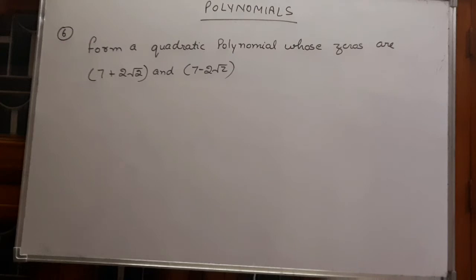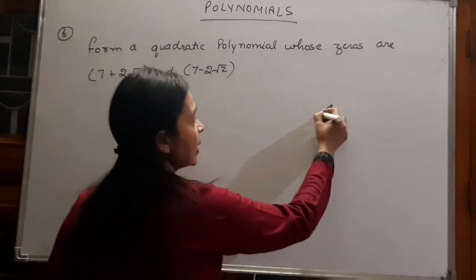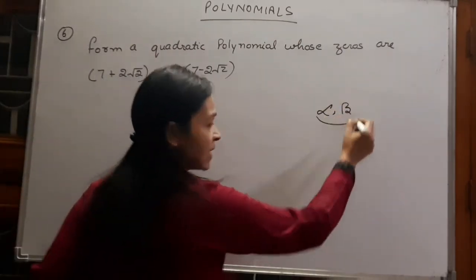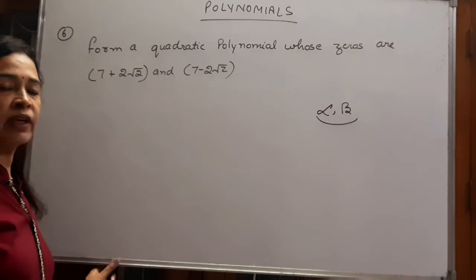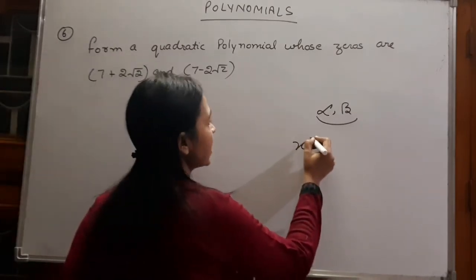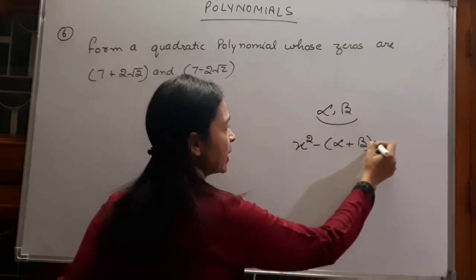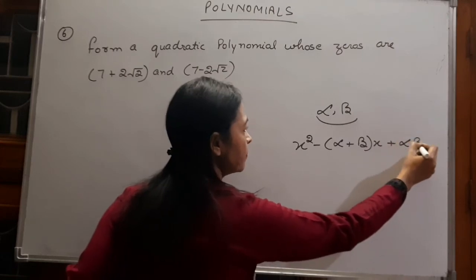Form a quadratic polynomial whose zeros are 7 plus 2 root 2 and 7 minus 2 root 2. In case we have our zeros alpha and beta, we have two zeros alpha and beta, then our quadratic polynomial will be x square minus alpha plus beta into x plus alpha beta.